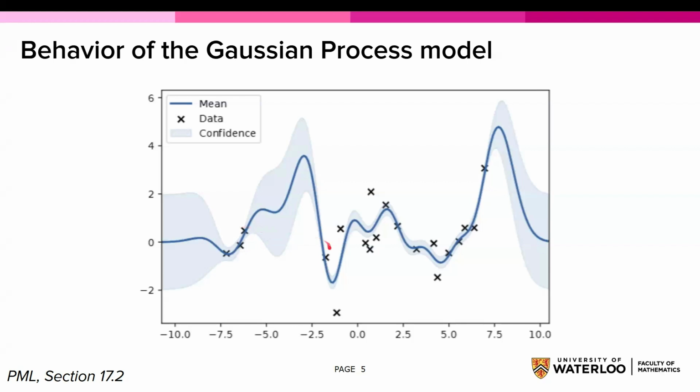But in between these data points, like in this interval here, the uncertainty increases, so the shaded area widens. It's because the model isn't as confident about where the function should go between those known values. So the Gaussian process expresses this uncertainty using a Gaussian distribution at each point along the input axis.